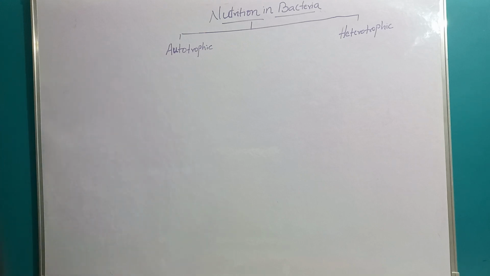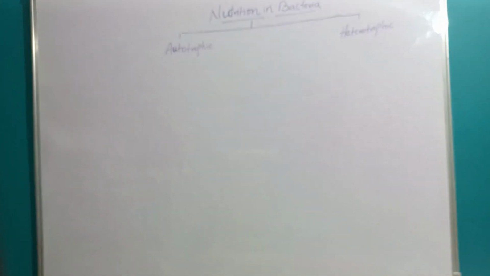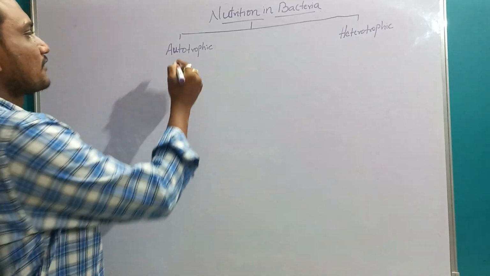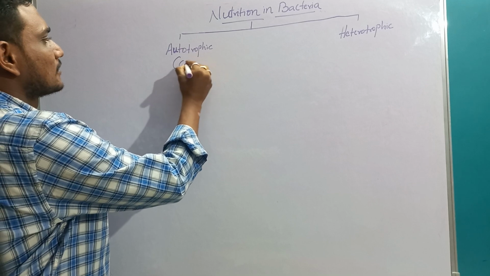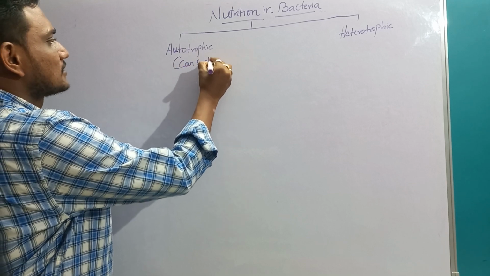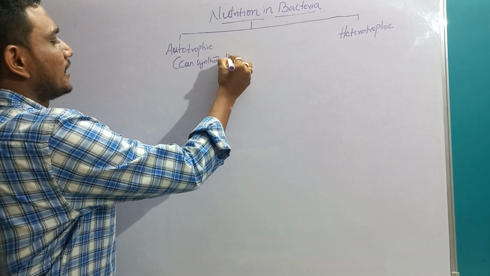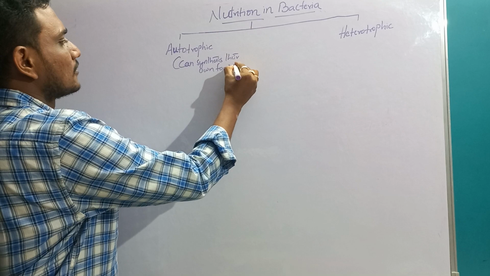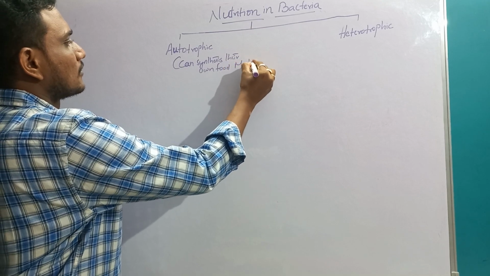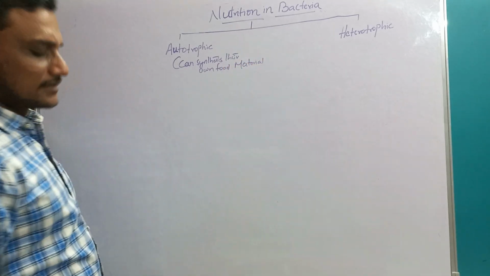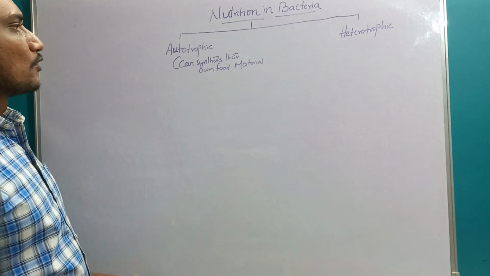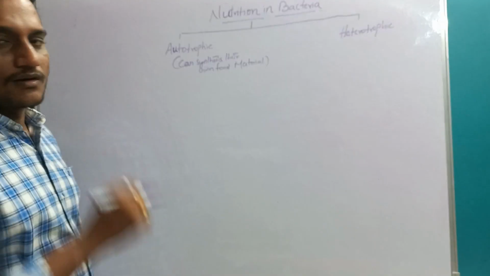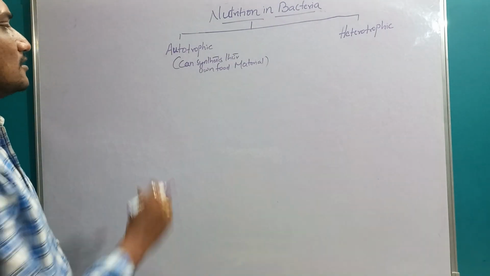Autotrophic means they can synthesize their own food material. Those that can synthesize their own food material are called autotrophic nutrition.